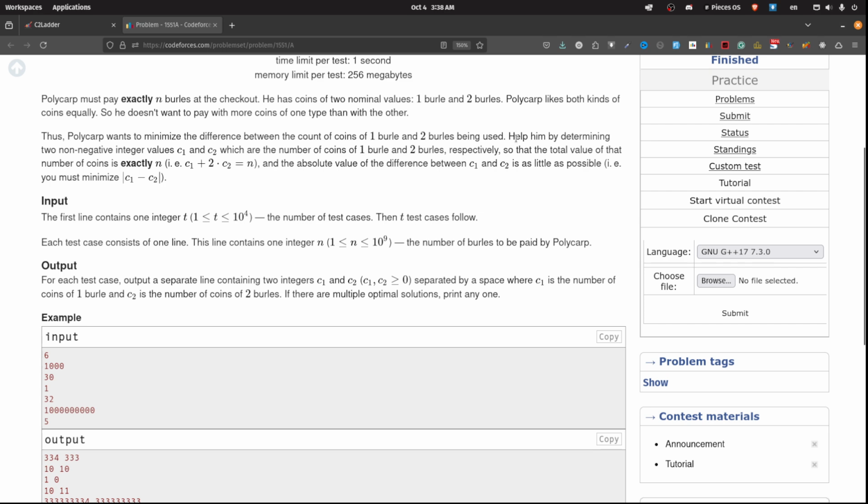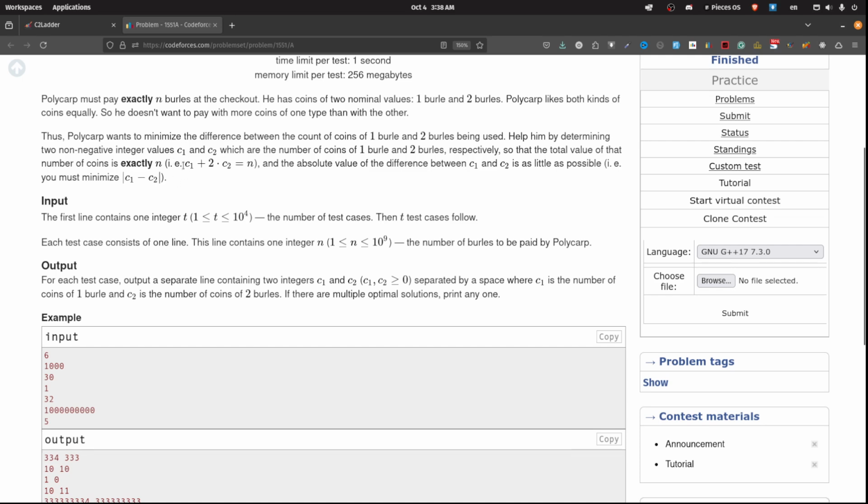Help him by determining two non-negative integer values c1 and c2, which are the number of coins of one burle and two burles respectively.